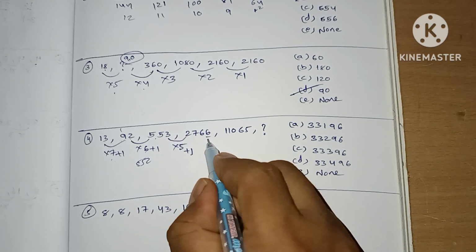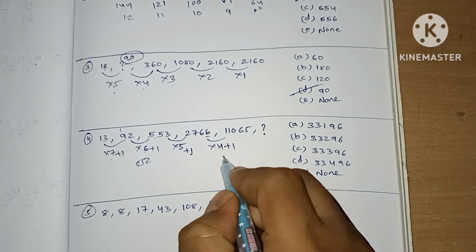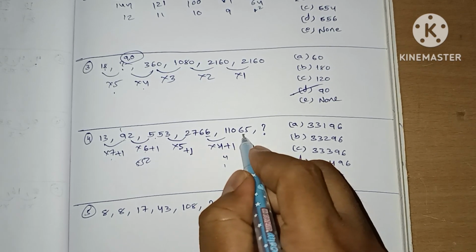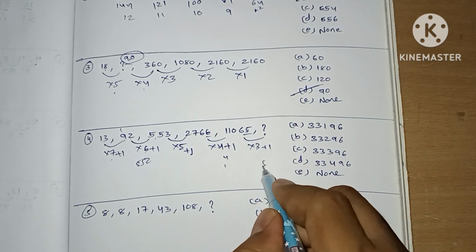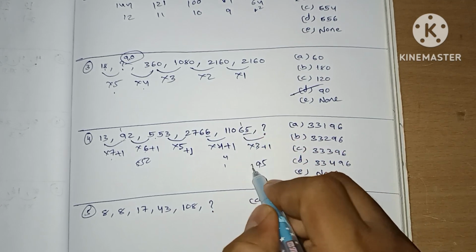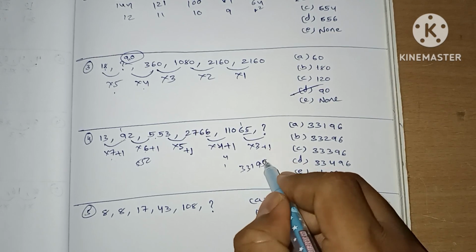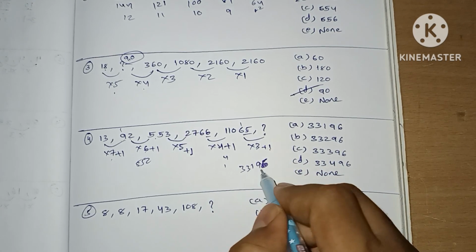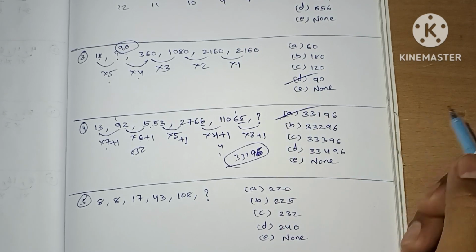Okay. So it must be into 4 plus 1. 6 4 times is 24, plus 1 will be 25. Okay. So it must be into 3 plus 1. 3 5 times 15, 3 6 times 18, 19, 3 double 1 times, 3 double 1 plus 1 means 6. Double 3 196 is our answer. Option A is our answer.